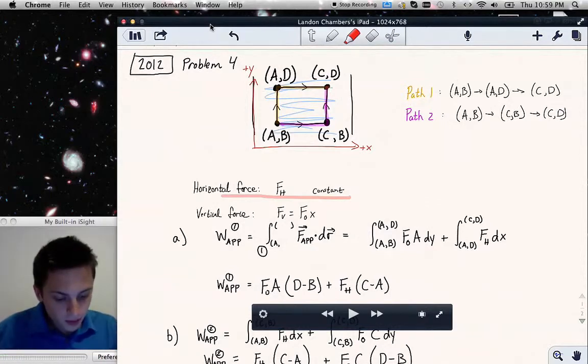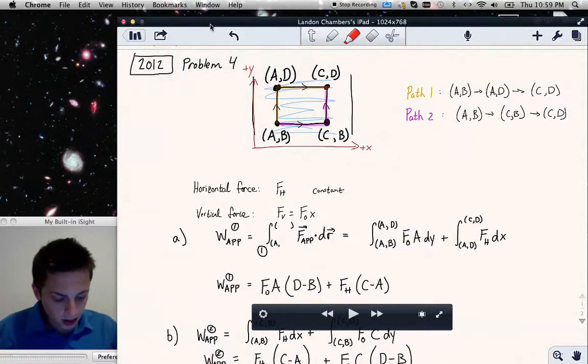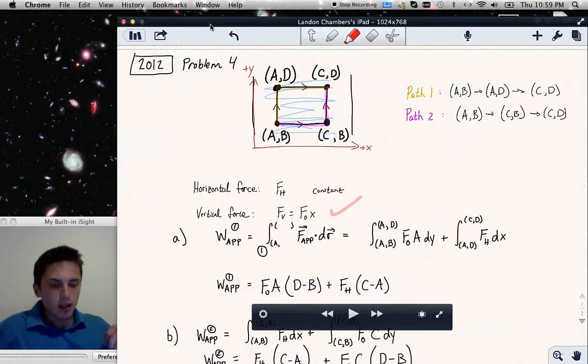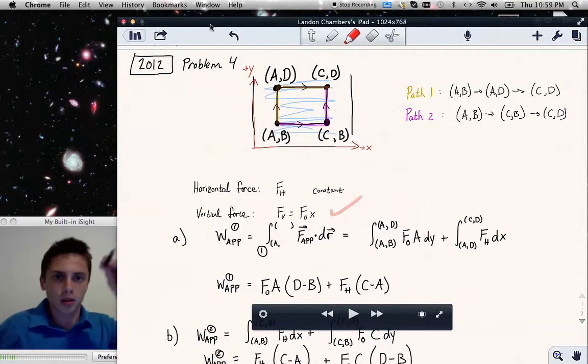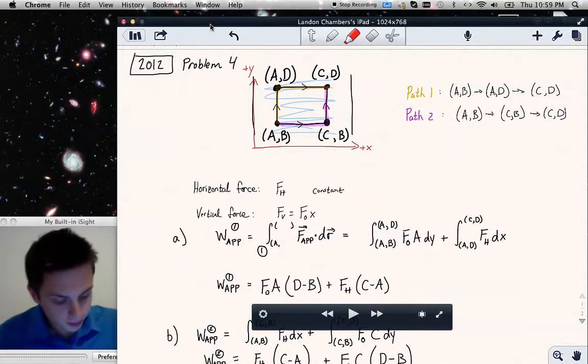And when we're traveling along vertical paths, so in the y direction, we're looking at a force that depends on the x location. So it's equal to F0, a constant, times the x-coordinate along this vertical path. And that too is the force required for the velocity to remain the same.